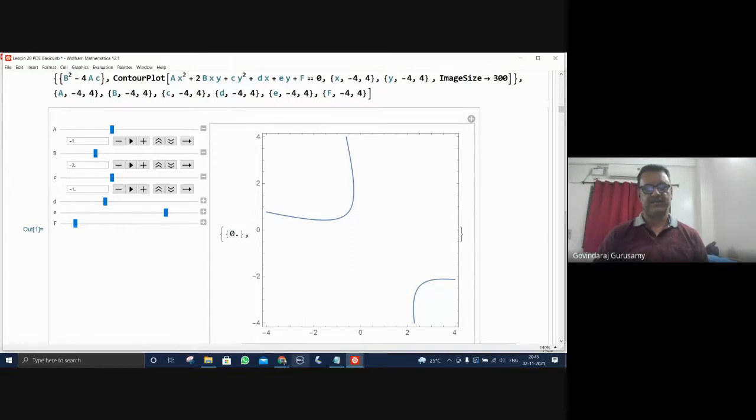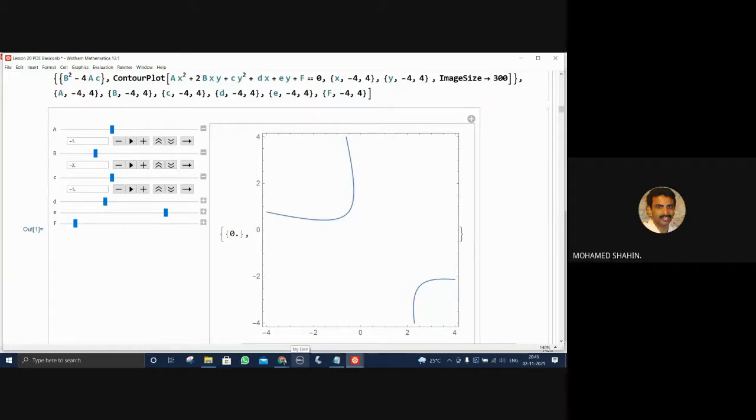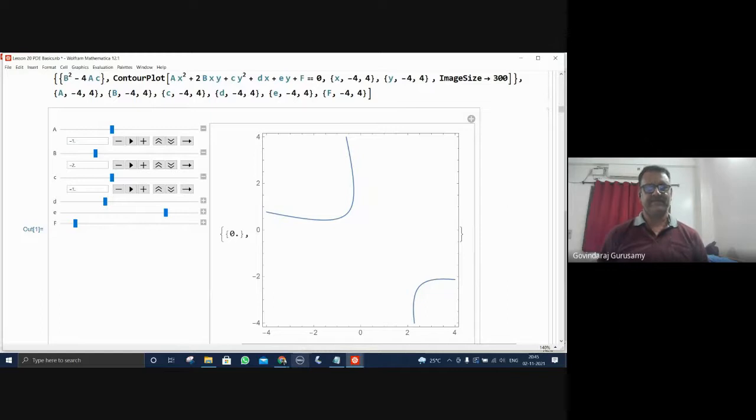Correct? Is it right? Yes, sir. It's right. So it's satisfied. That's fine. So now we have seen less than 0, one case, which is an ellipse, and then you have another contour.